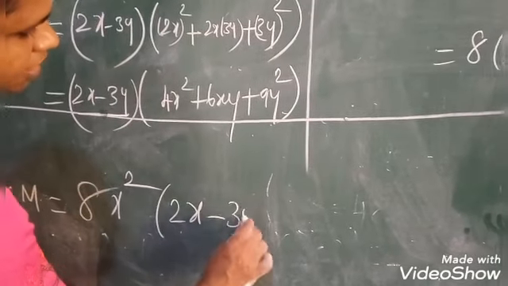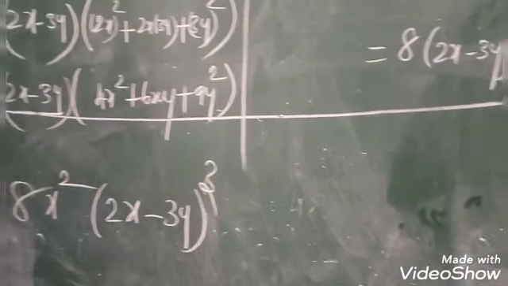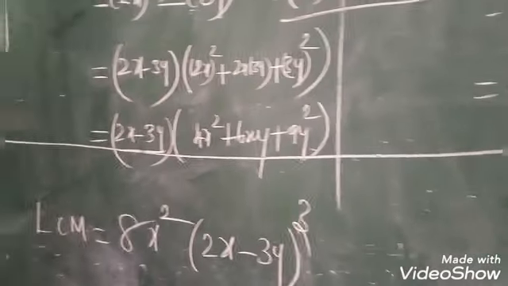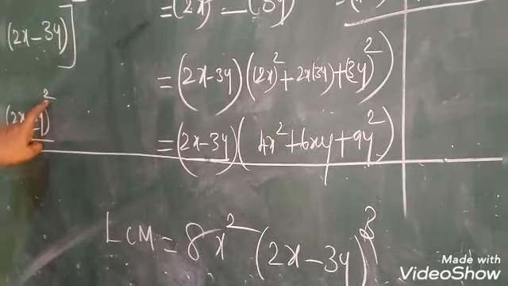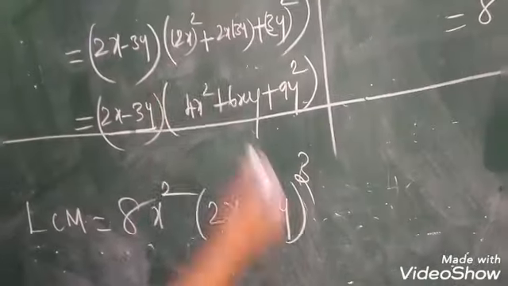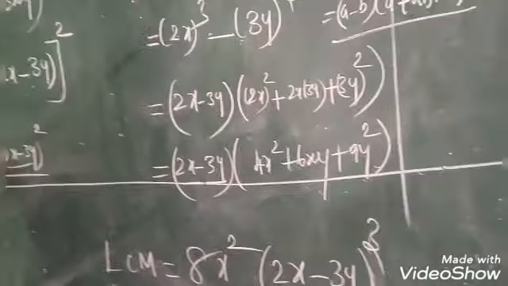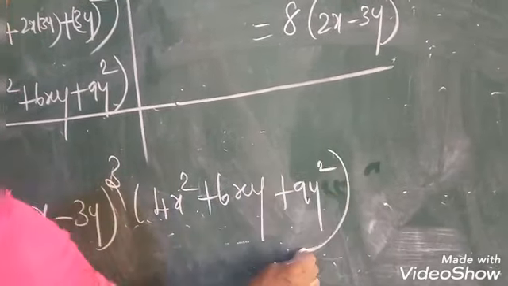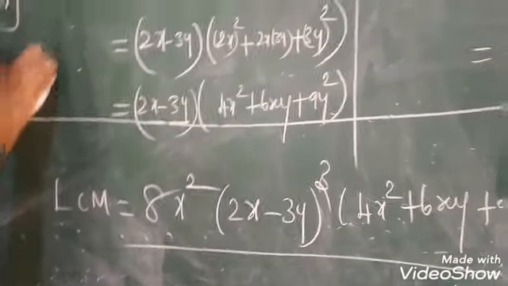Yes, 2x minus 3y power 3 is the LCM, because the degree is 2 here, 1 here, and 3 here. So the highest power we should take. The remaining part is 4x squared plus 6xy plus 9y squared. These are the LCM. It's very important.